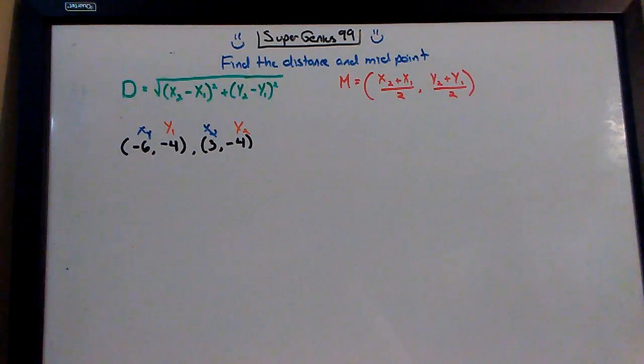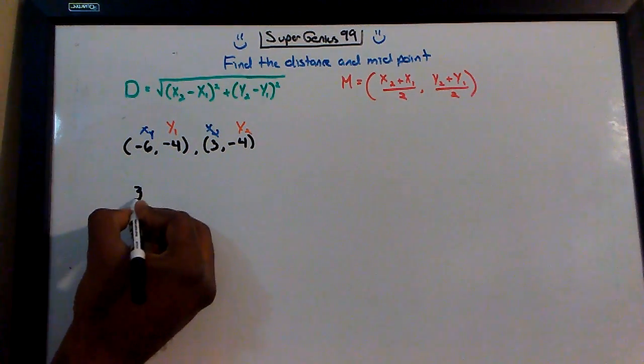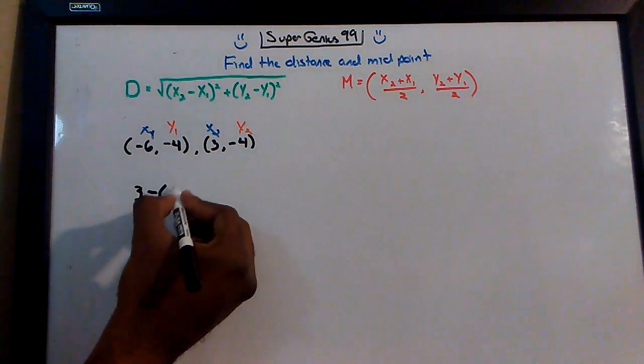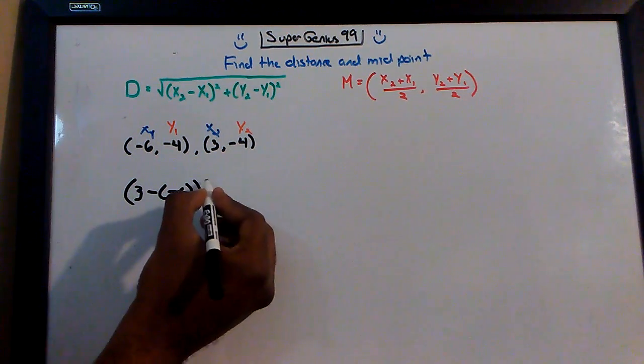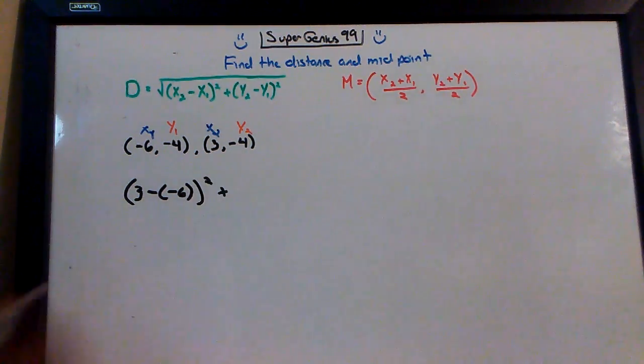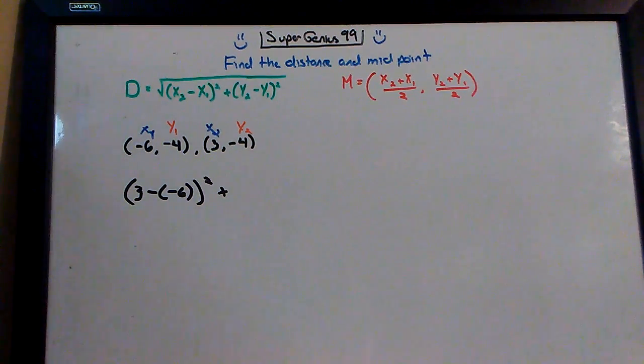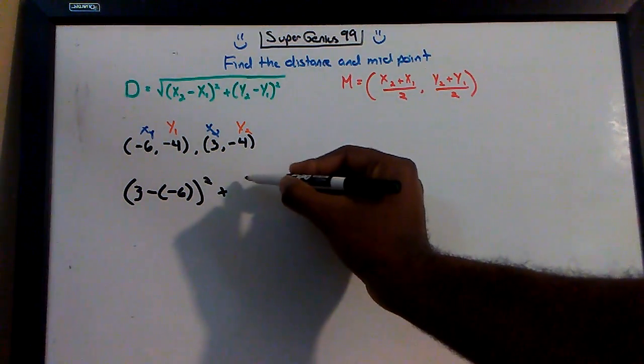So here you're basically just going to plug in the formula. So I'll work it through with you. Okay, so first let's do the distance. So the distance is the difference of the x's, x2 minus x1, plus the differences of the y's, y2 minus y1.